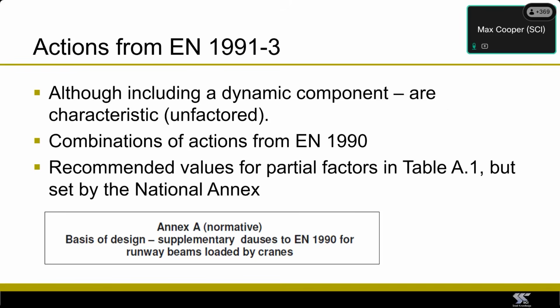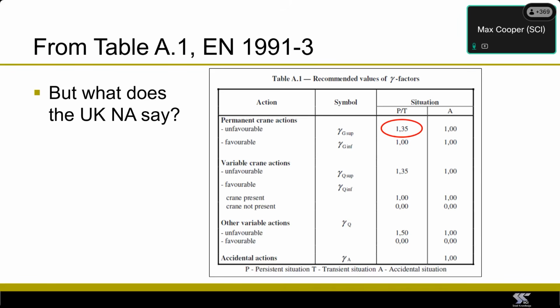The recommended values for the partial factors, so that's gamma G and gamma Q, are given in table 8.1, but also they are set by the national annex. This is perhaps the slightly surprising thing, or certainly to me, the first time I looked at this. If we go to table 8.1, we see that the partial load factor applied to our permanent actions is 1.35, so that's as we might expect.